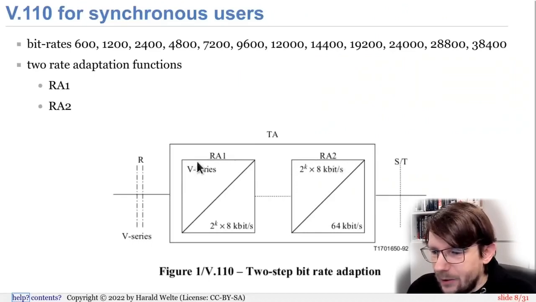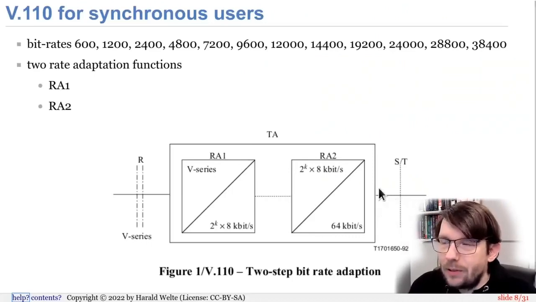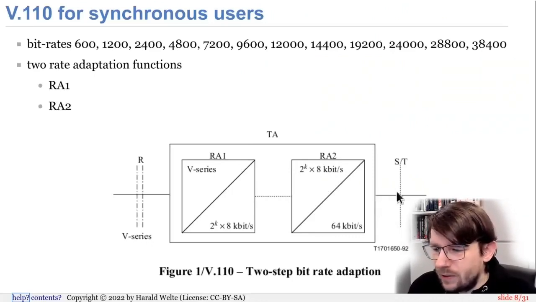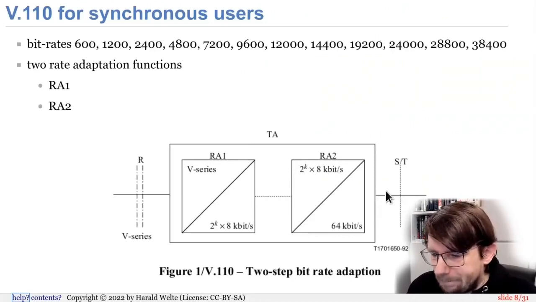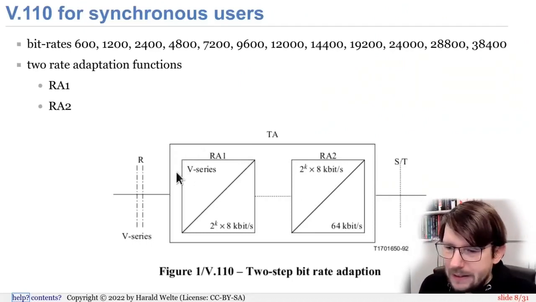Those two rate adaptation functions convert the stream to the format that is present here at the right-hand side of the terminal adapter, which is the 64 kilobit bit stream of the B-channel, going over an S/T interface. The two rate adaptation functions, we will look at how those work in detail.